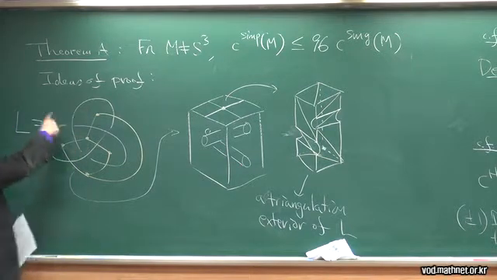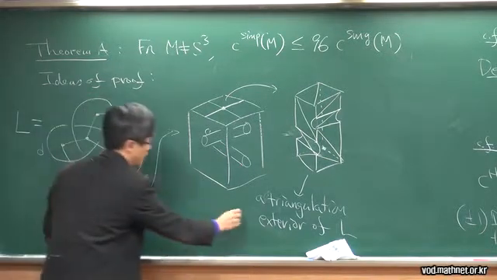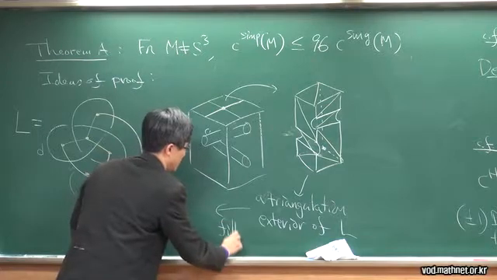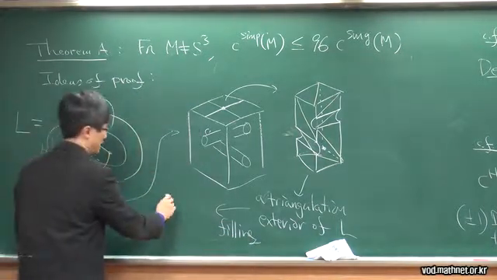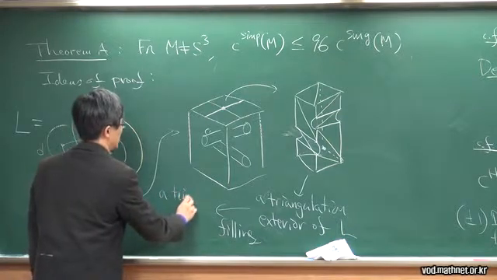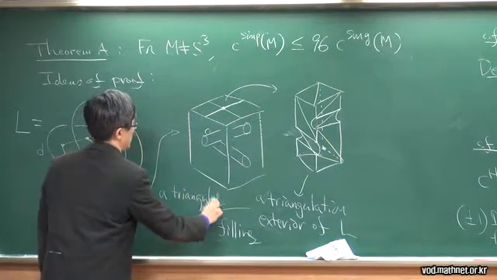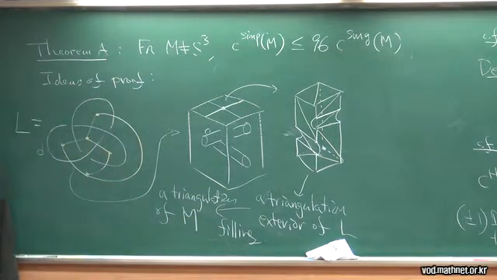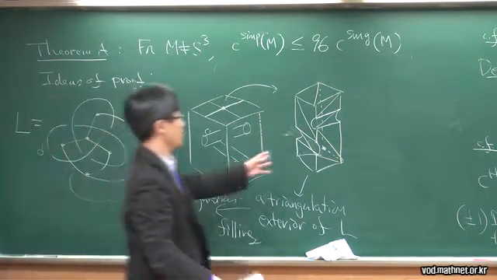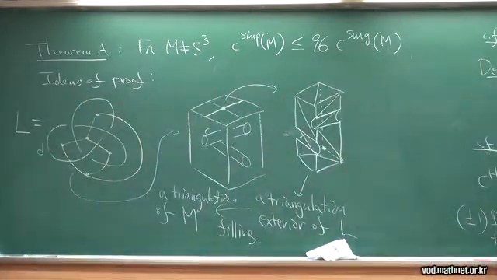So by filling in these with tori, I get a triangulation of my manifold, given by this surgery description. And I guess it's pretty convincing that the resulting number of tetrahedra is linear.